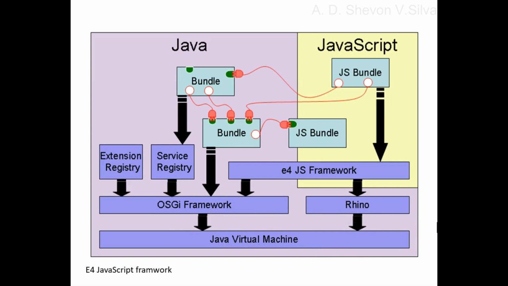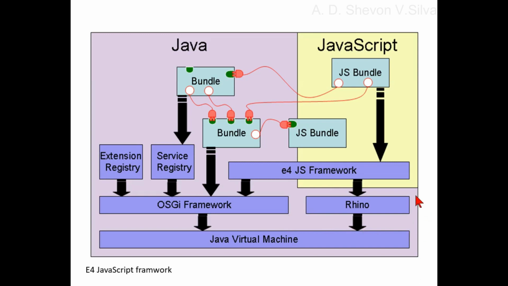And as extra information, I can describe this architecture further. The OSGi framework has no knowledge of JavaScript bundles or their dependencies. The JavaScript framework essentially runs as a complete nested framework within the OSGi instance.